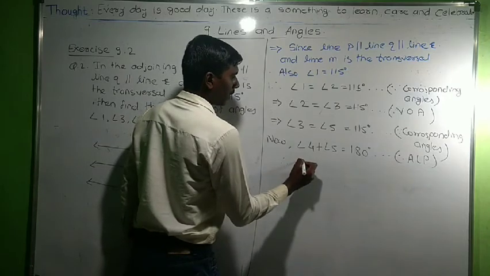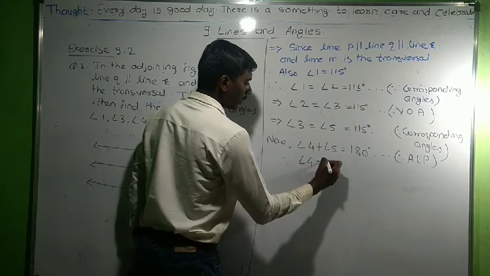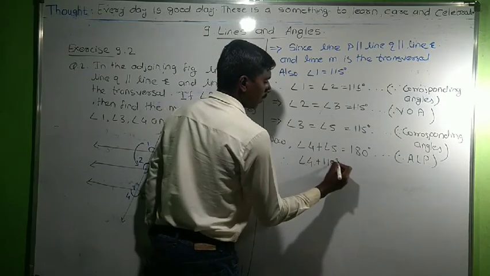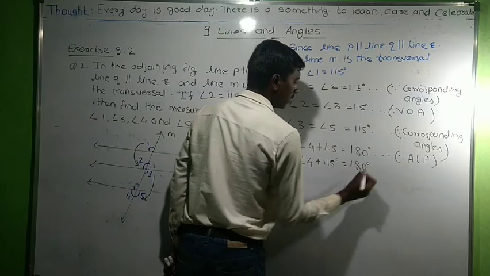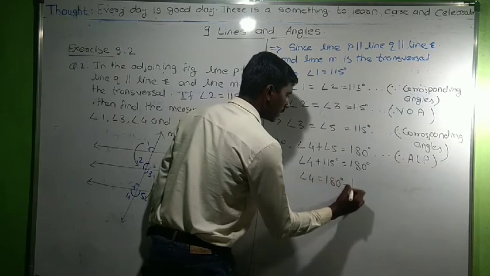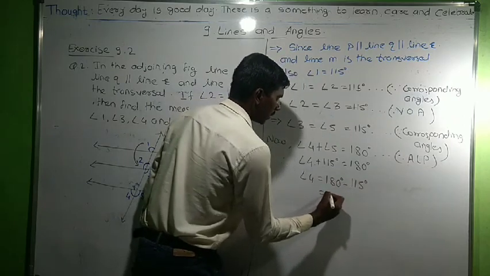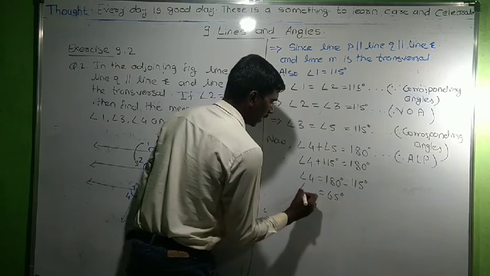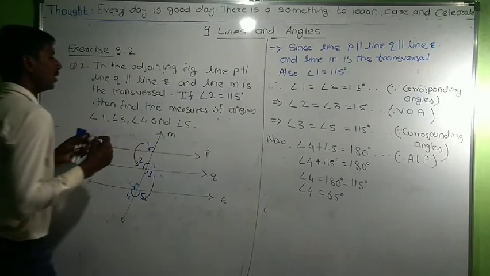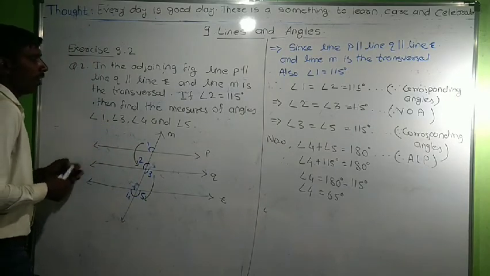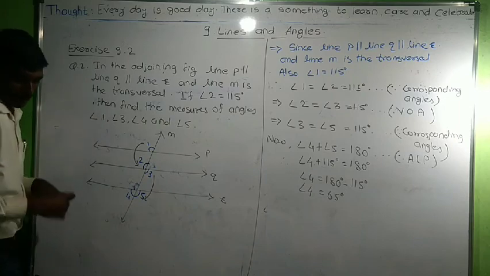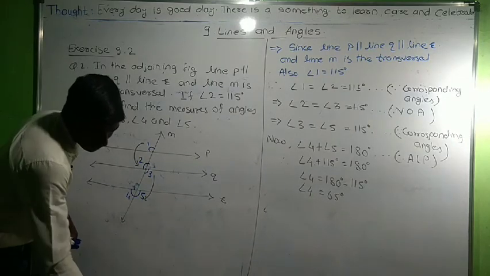Therefore angle 4 plus 115 is equal to 180, so angle 4 is equal to 180 minus 115 degree, which is equal to 65 degree. So this way we have calculated all the remaining angles using only one measure of an angle if the lines are parallel. Okay, so I hope that you all understand this question.